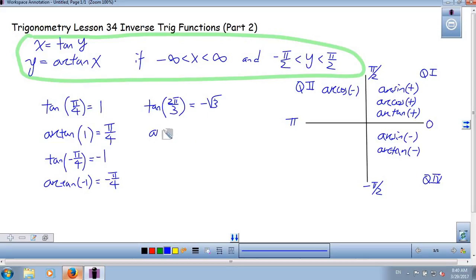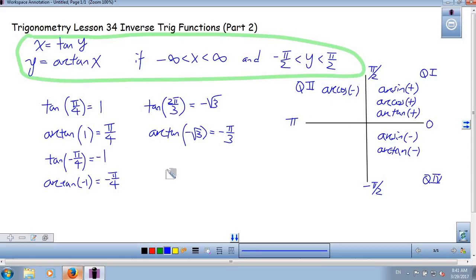And so arctan of negative square root 3, however, should return an angle that is in quadrant 4. So that will be negative pi over 3. Okay, so this is the relationship. Arctan will never return an angle in quadrant 2.